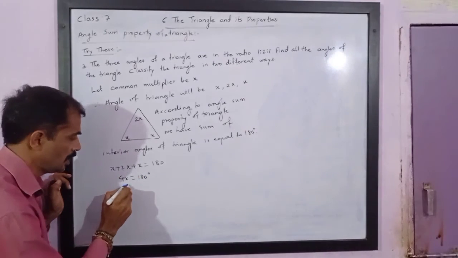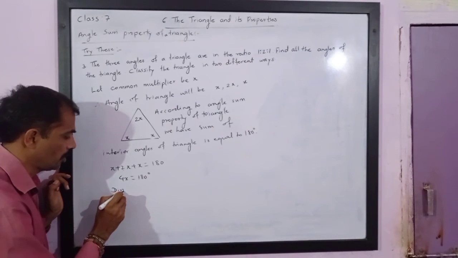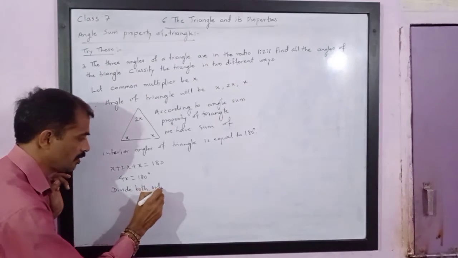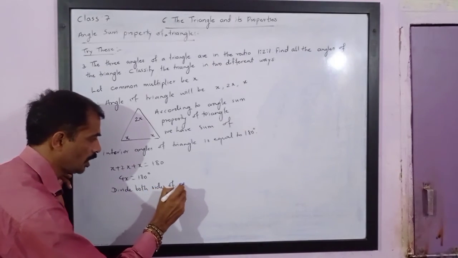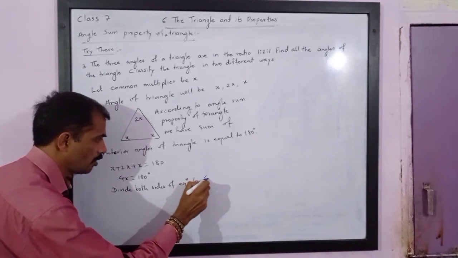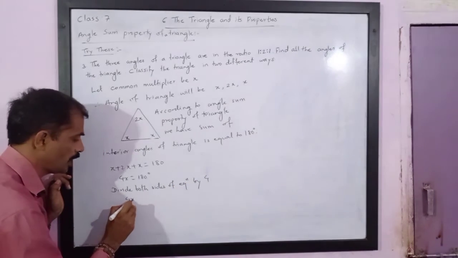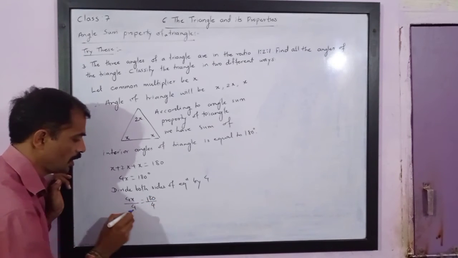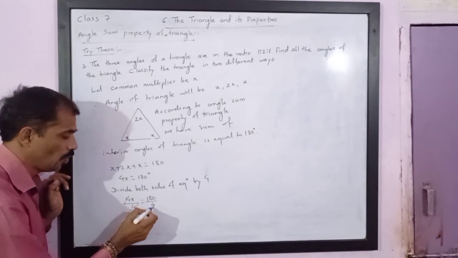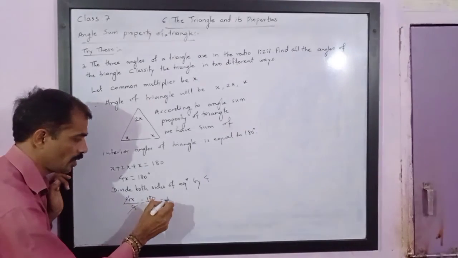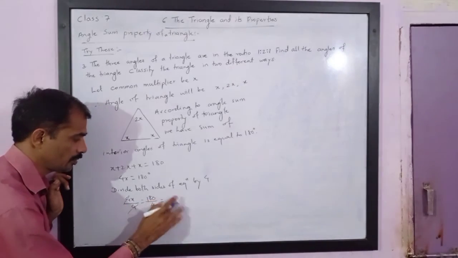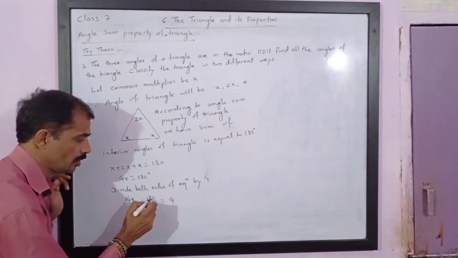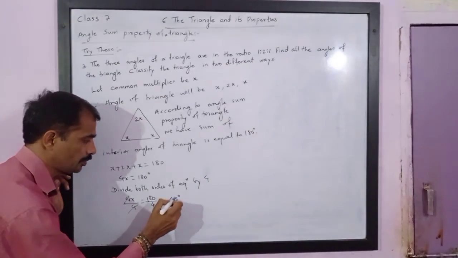It means if you divide both sides of the equation by 4, you will get 4x upon 4 equals 180 upon 4. This 4 gets eliminated. 180 upon 4: 4 4s are 16, 2 left, 4 5s are 20.